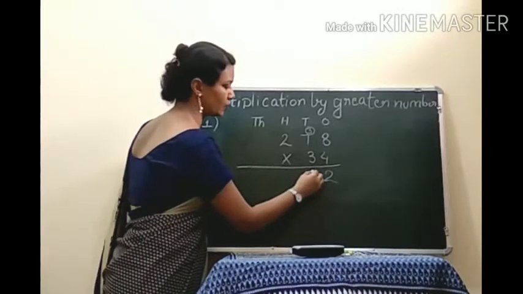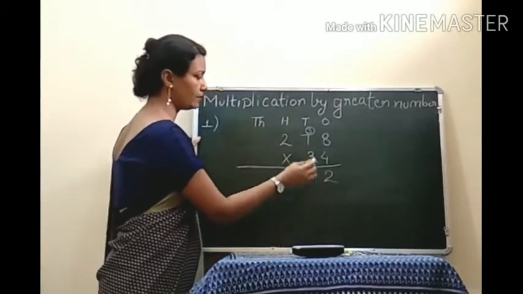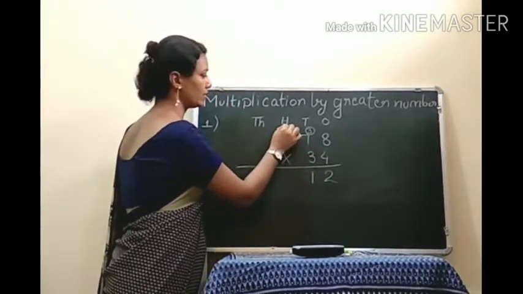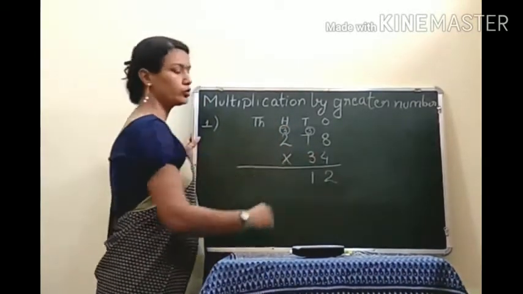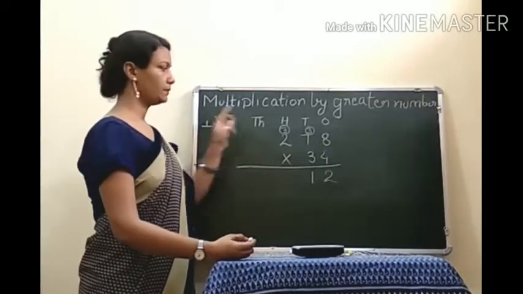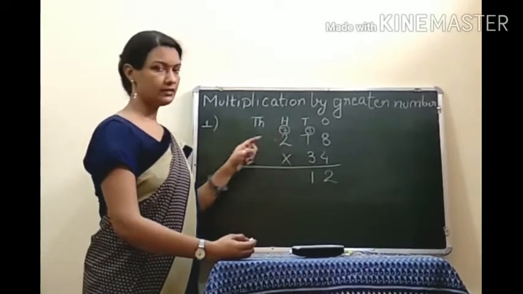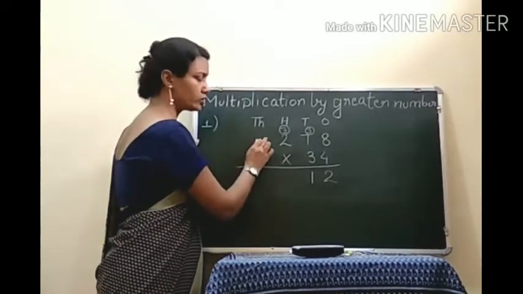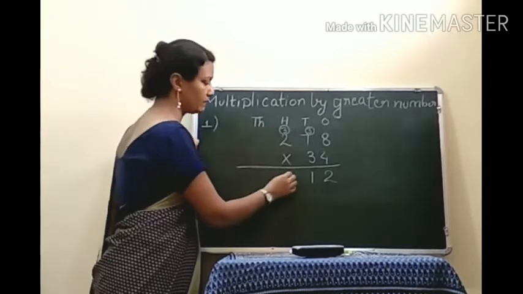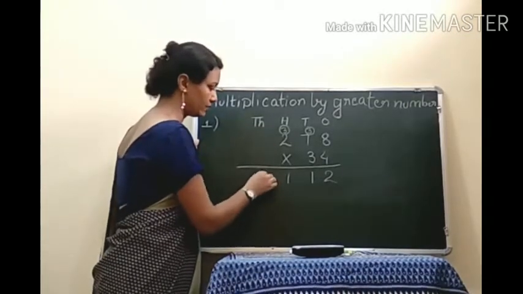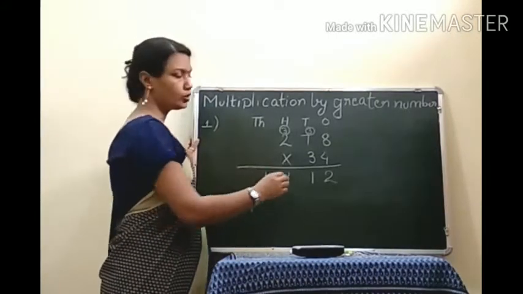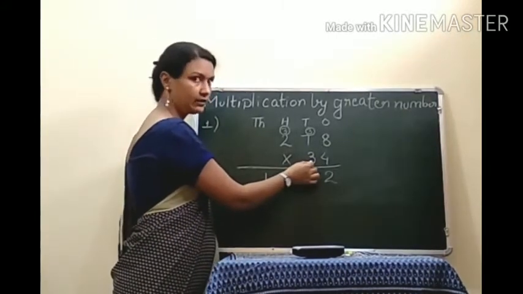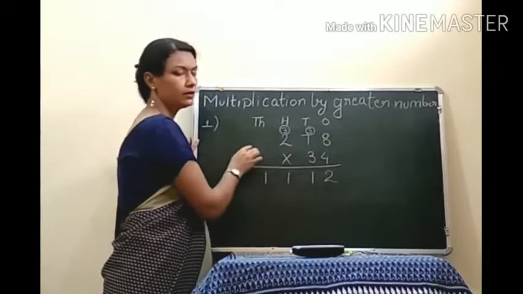So we will write 1 below the tens column and carry 3 again. Now 2 into 4 is 8, plus 3, 9, 10, 11. Because there is no more number to multiply, we will write 11 here. Understood?